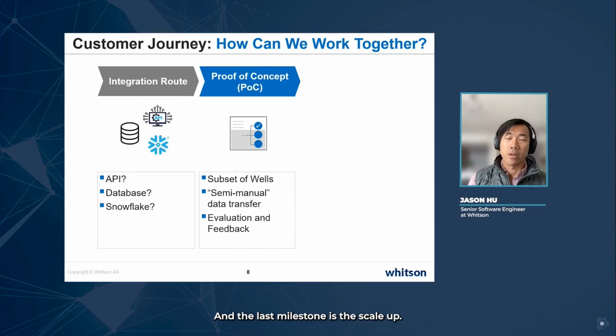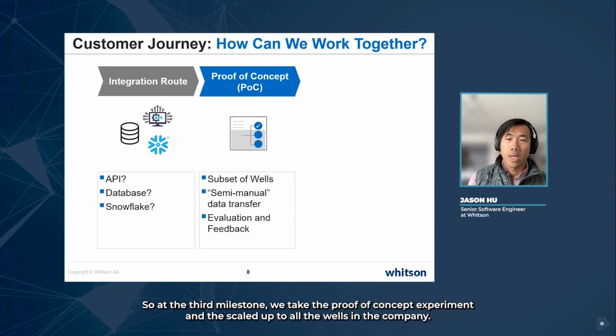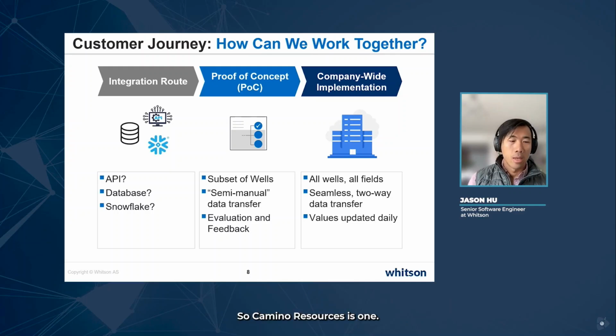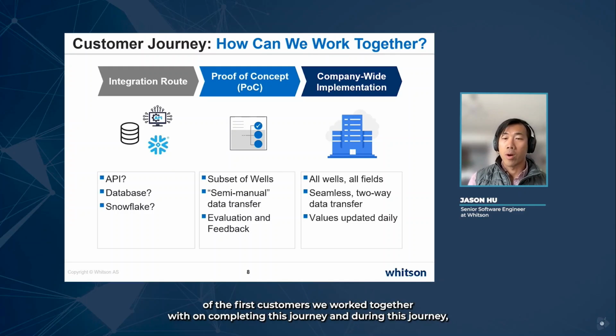And the last milestone is the scale up. So at the third milestone, we take the proof of concept experiment and scale it up to all the wells in the company. So Camino Resources is one of the first customers we worked together with on completing this journey.